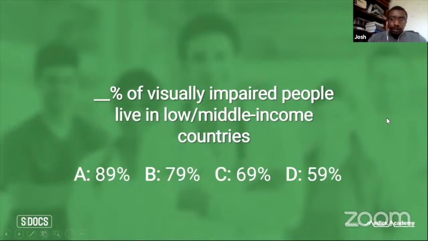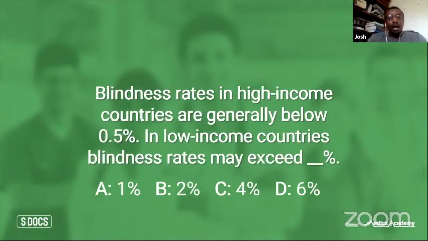And so the answer for this is 89%, a massive proportion of visually impaired people live in low and middle income countries. Blindness rates in high income countries are generally below 0.5%. In low income countries, blindness rates may exceed blank percentage: A, 1%, B, 2%, C, 4%, or D, 6%.